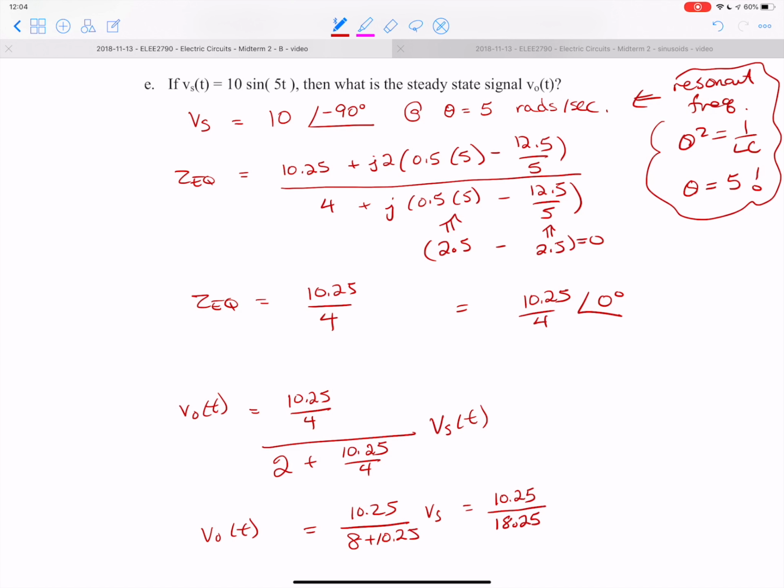And now I'm going to take our original signal multiplied by 10, and now I have no angle to worry about. So this is just the sine of 5t. And of course, I don't need to worry about any transients because I've asked for the steady state signal, not the transient signal.